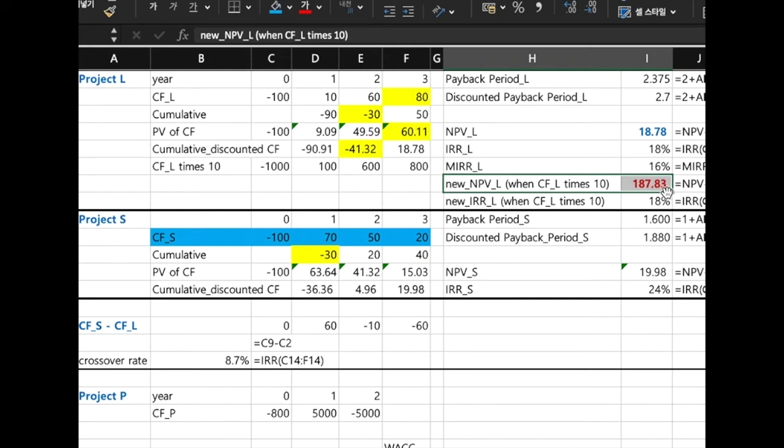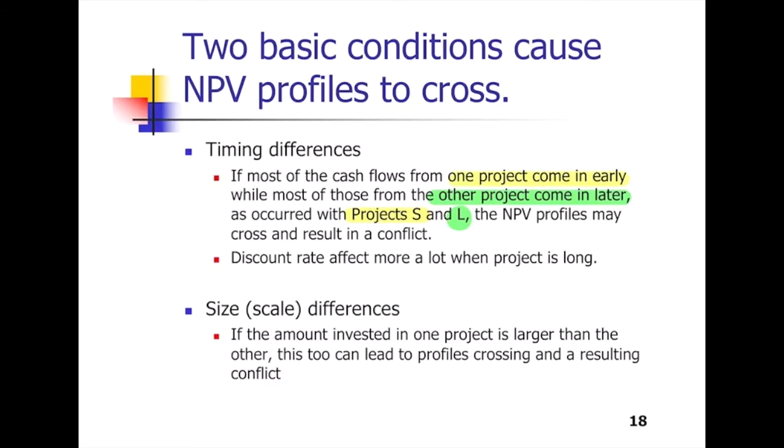Yeah, it increased 10 times. What about IRR? IRR does not change, right? Because it is the expected rate of return. Even though the cash flow size increases, the rate of return is the same. But MPV changed, right? So the project size or scale difference may lead to profile crossing and result in conflict.